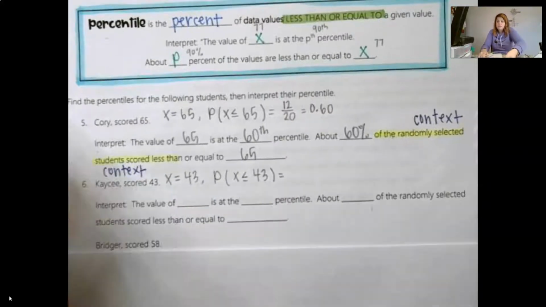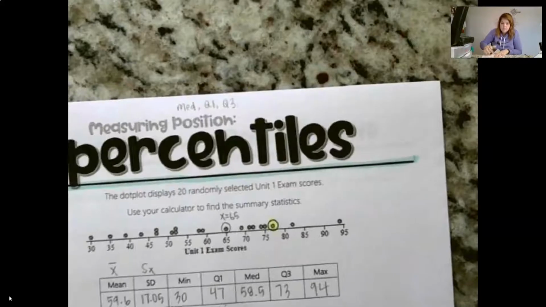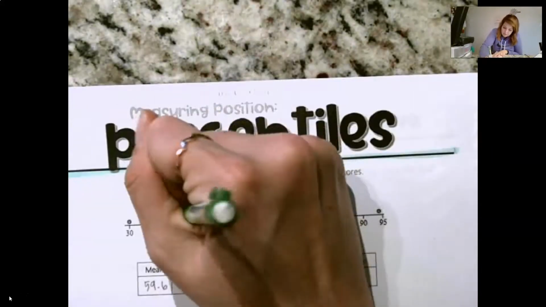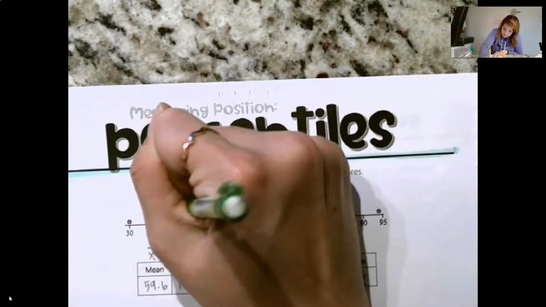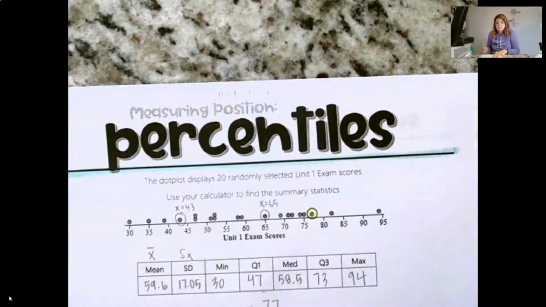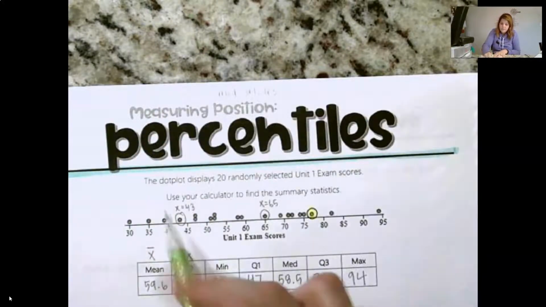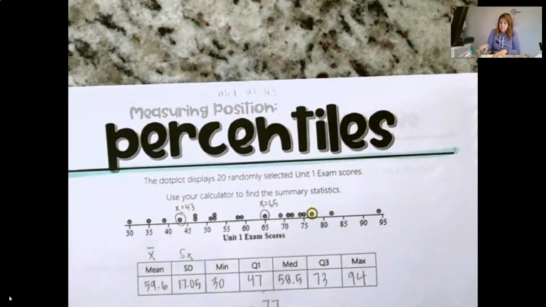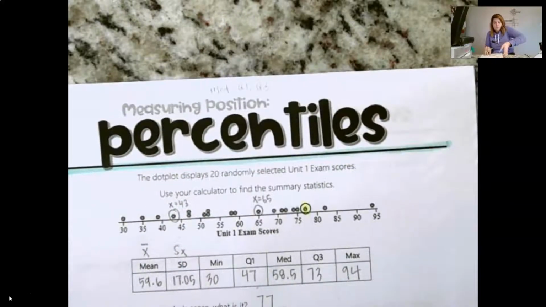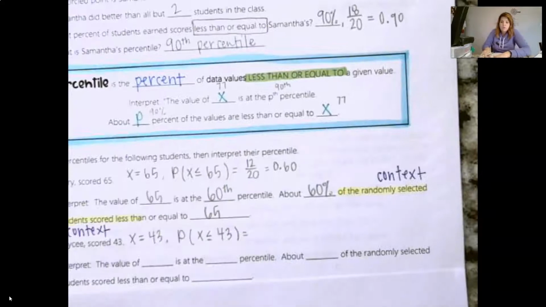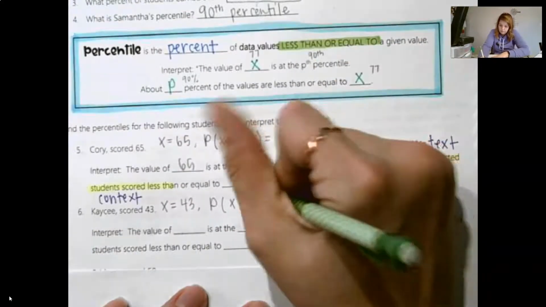I can go up to my dot plot again and label this dot here, x is 43. So this time it's 1, 2, 3, 4. Only 4 students scored the same as Casey.